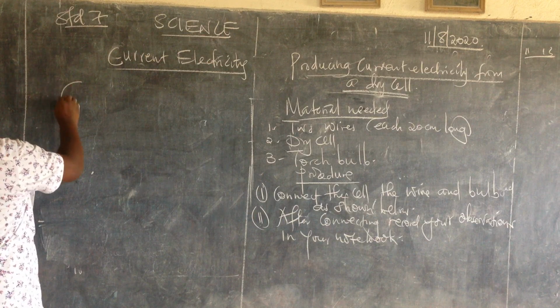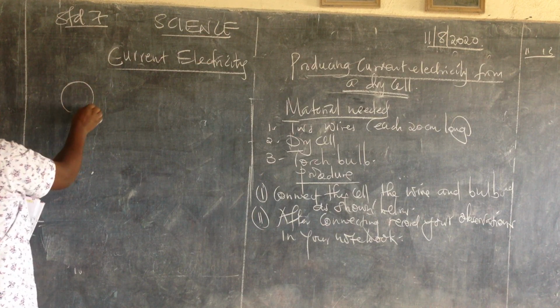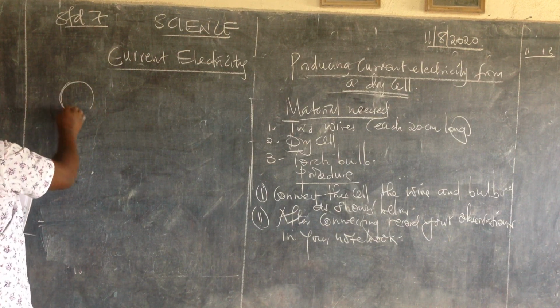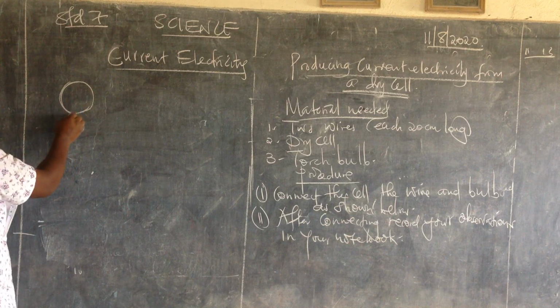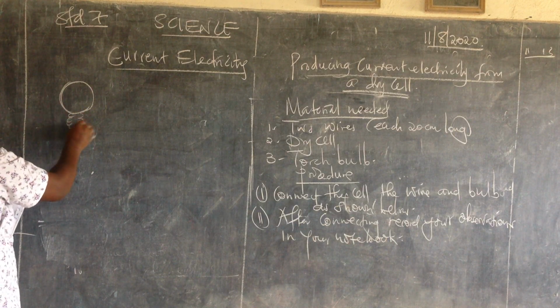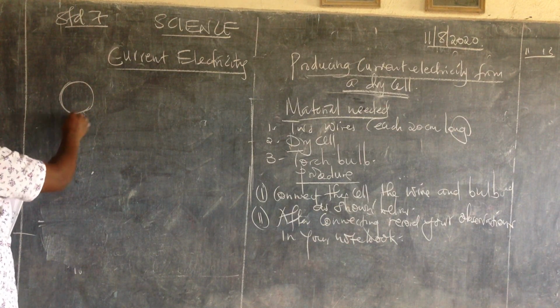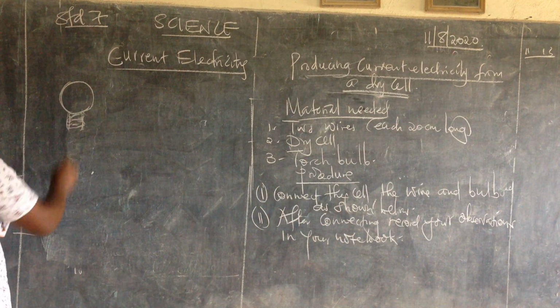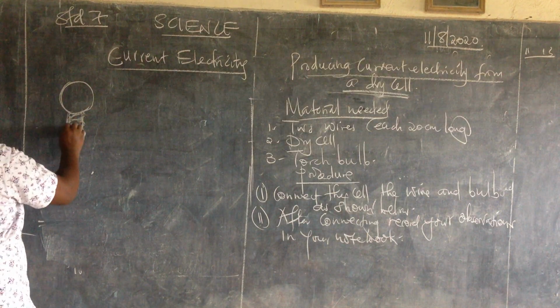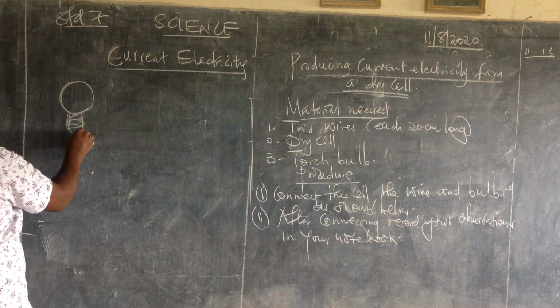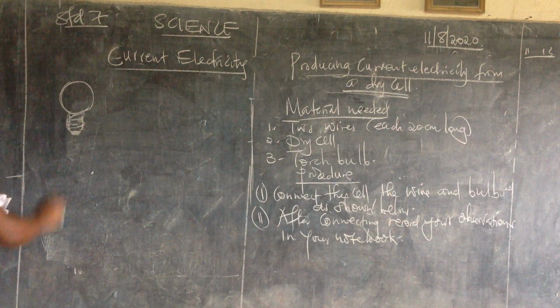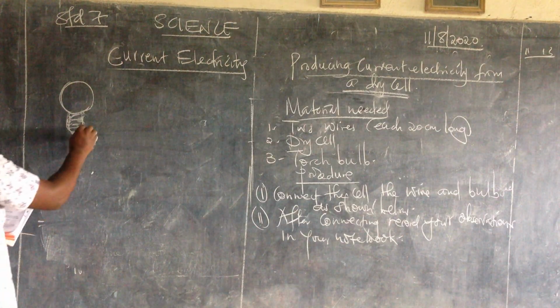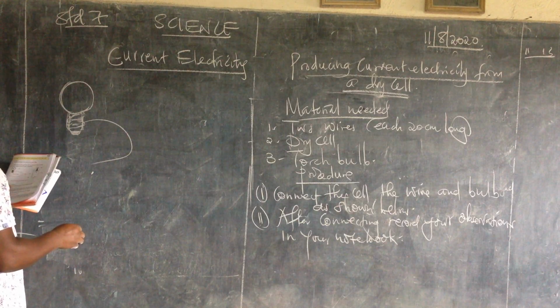The first diagram will look like this, where you're connecting 3 items. That is the bulb. Then there's a black thing here. You will observe that there's a black thing there in the bulb. Then this is the wire.